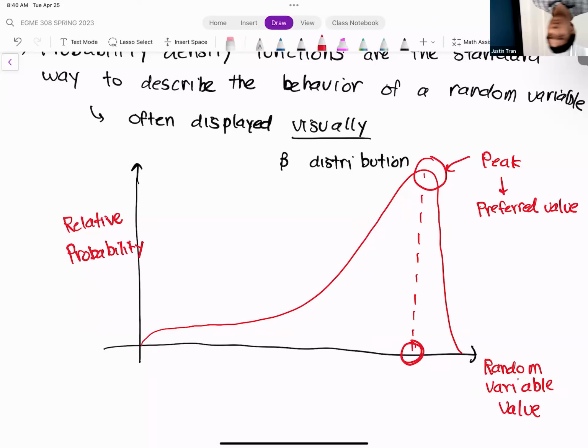Wherever the peak is located, and usually these probability density functions have at least one or two peaks, those are the preferred values. That basically means that if you were to measure or observe this random variable, most likely you would get a value that's either at the peak or close to it.